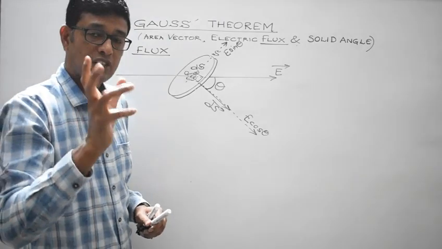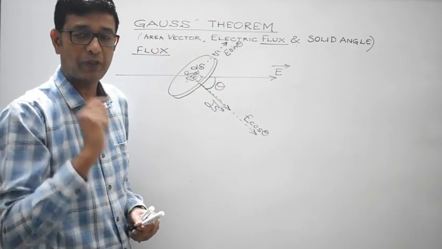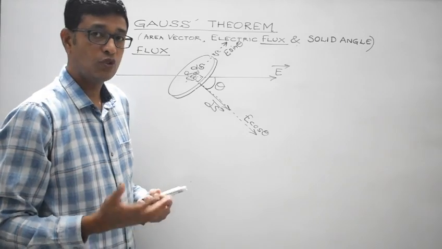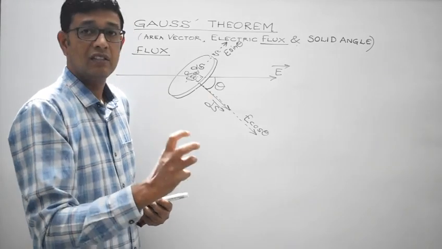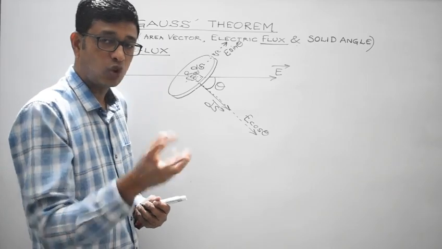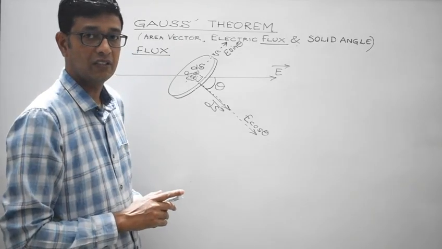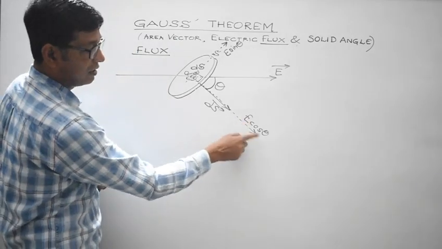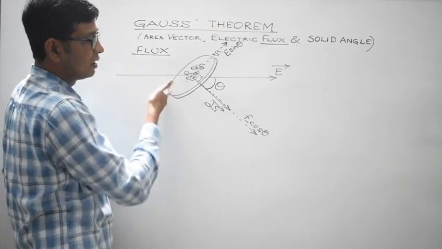Now concentrate, or rather recall the definition of the electric flux, the qualitative aspect of the electric flux. As I told you, flux associated with the surface is the total number of field lines crossing through that surface normally, that is in a direction perpendicular to that surface. So here E cos theta is the component of the electric field which is crossing perpendicular to this given surface.